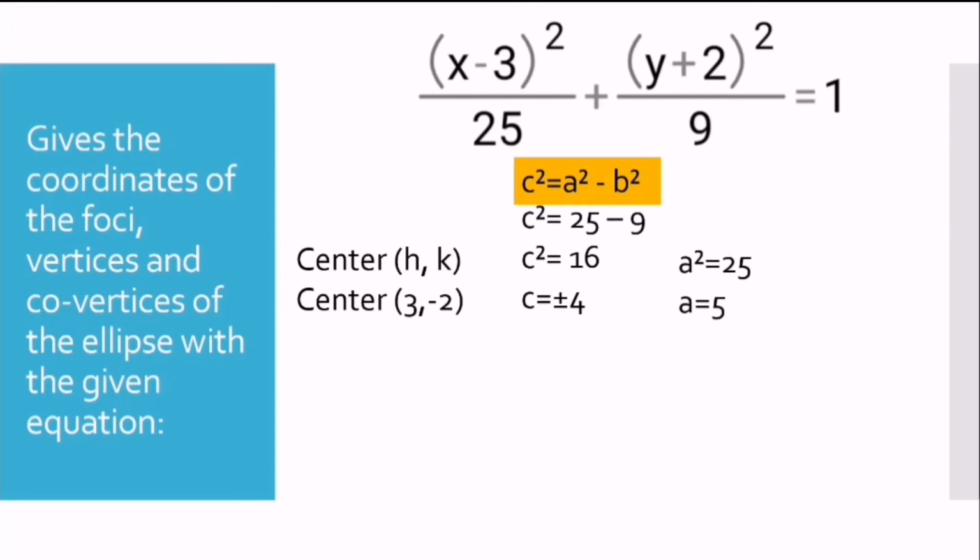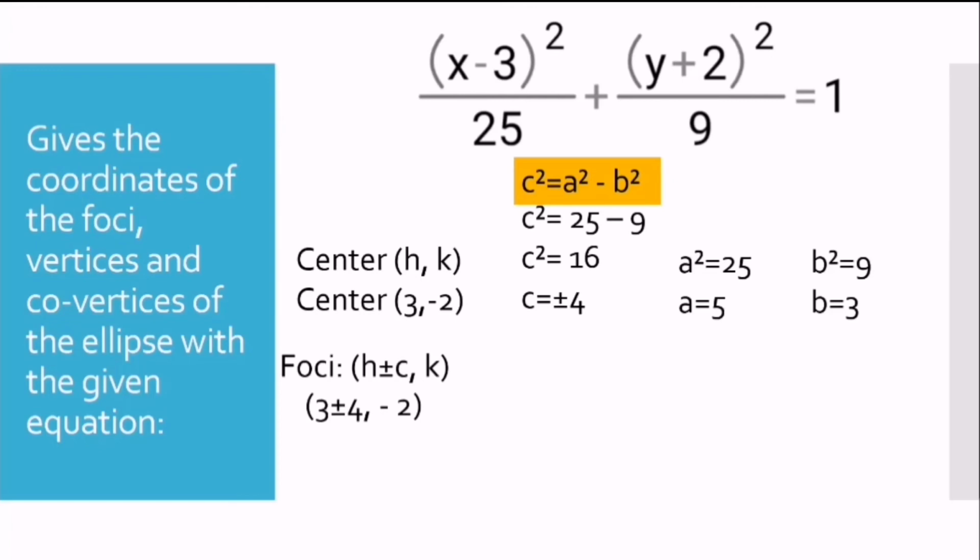Now, ang ating a square is 25. So, ang ating a ay 5. And then, ang ating b square ay 9. So, ang ating b ay 3. Now, let us find the foci. Ang coordinates ng foci ay h plus or minus c, k. So, we need to substitute 3 to h and positive negative 4 to c and negative 2 to k.